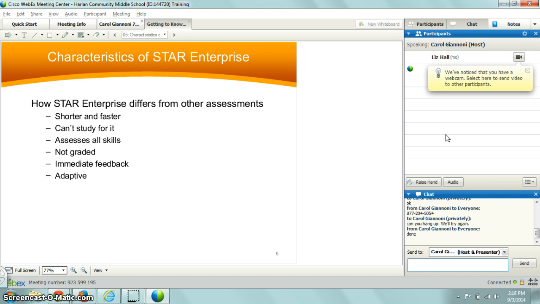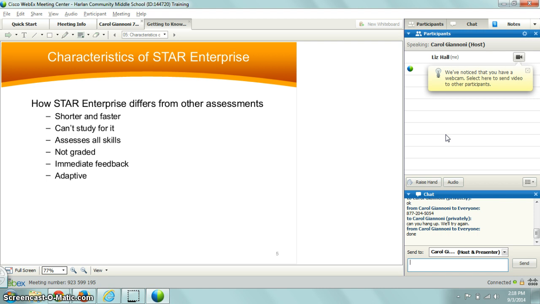For questions 1 through 10, students would have 45 seconds to answer. For questions 11 through 34, they get 90 seconds. Your students can't study for it because of that adaptiveness. You're not going to know what questions it's going to ask you.